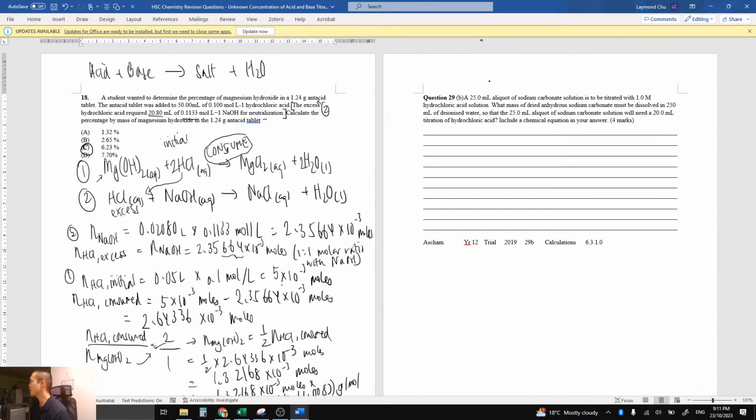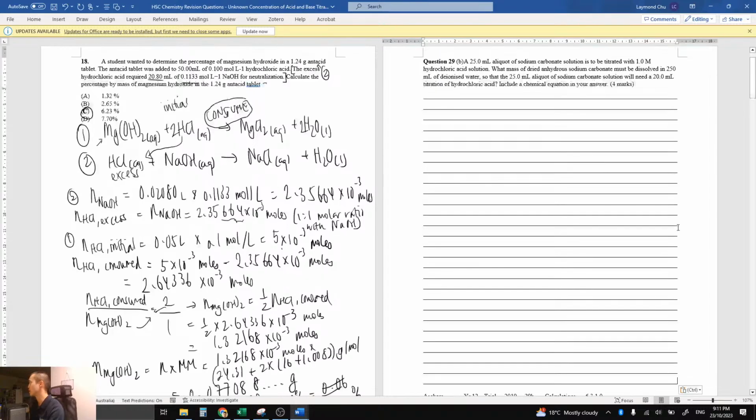29. A 25 ml aliquot of sodium carbonate is to be titrated with 1 molar hydrochloric acid solution. What mass of dried anhydrous sodium carbonate must be dissolved in 250 ml of deionized water so that the 25 ml aliquot of sodium carbonate solution will need a 20 ml titration of hydrochloric acid?